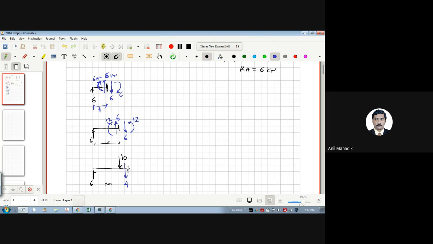So 10 into, assume this as 0, it is just to the right, so it is as good as 0. So 6 into 2, how much? 12. Which direction will be there for the moment? Clockwise. So it will be. Now let's go to the next section.